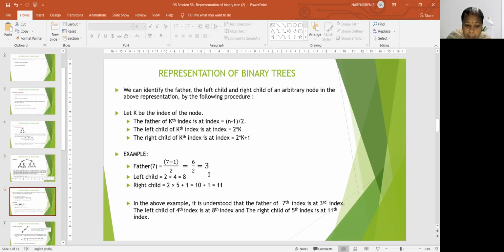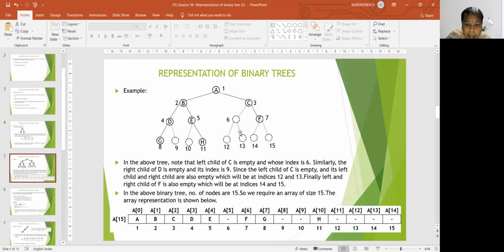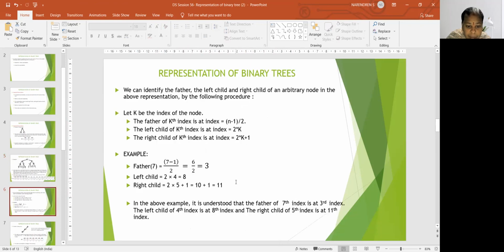Left child is 2 into 4 is equal to 8, and right child is 2 into k plus 1, 2 into 5 plus 1, is equal to 10 plus 1, which is 11. So this is the formula which we have to follow. From the above example, it is understood that the father of the seventh index is the third index, the left child of the fourth index is the eighth index, and the right child of the fifth index is the eleventh index.